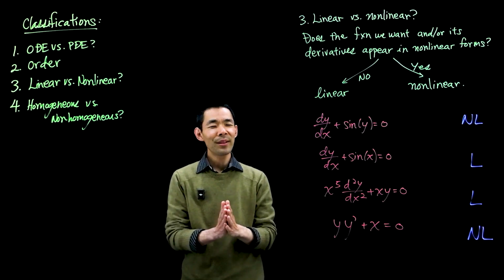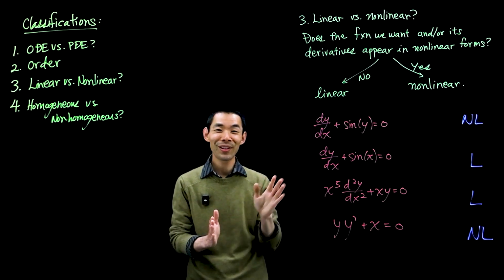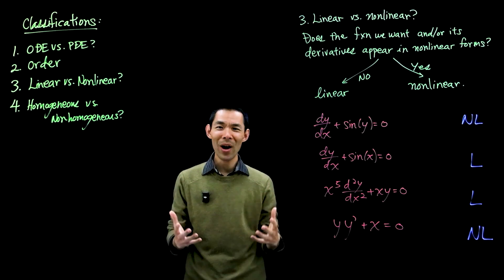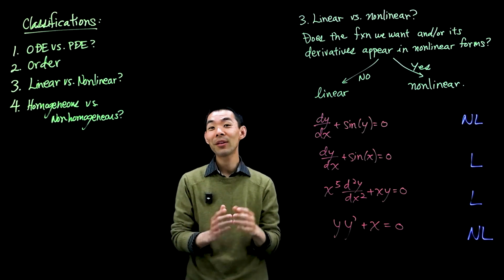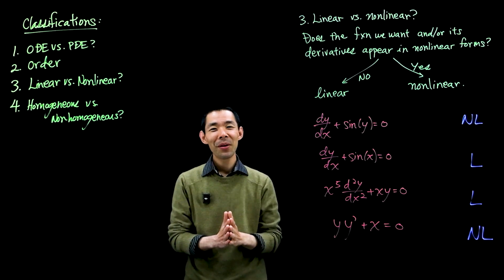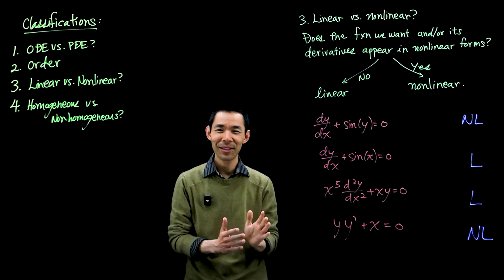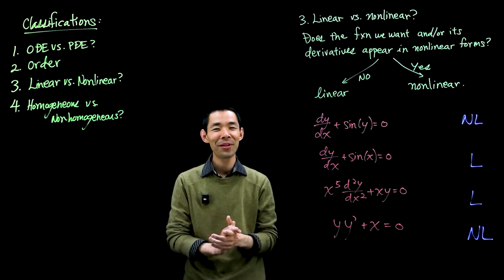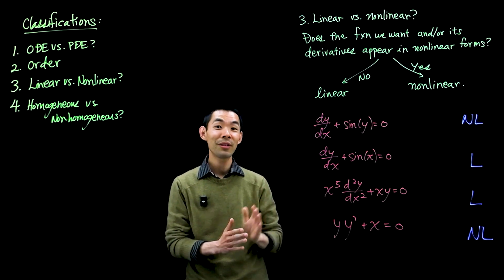It turns out that this question of linear versus nonlinear is oftentimes the main question that determines whether a differential equation can be solved or not. It turns out we have a lot of techniques built over hundreds of years of human intelligence and knowledge to solve linear differential equations.